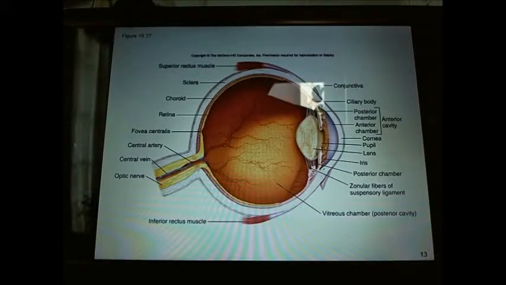Going on, we're looking at visual processing.